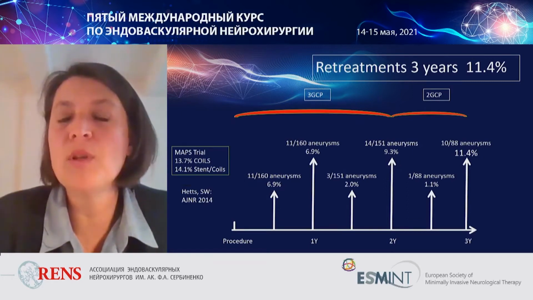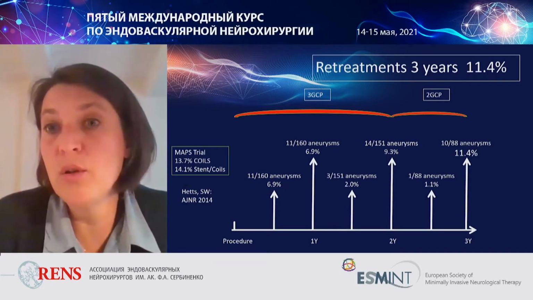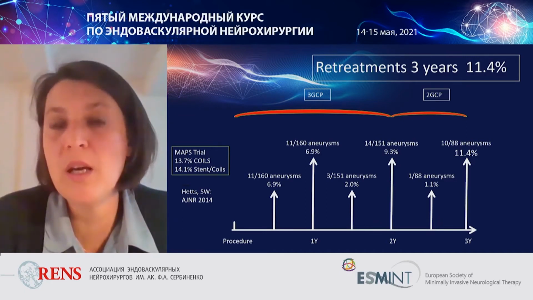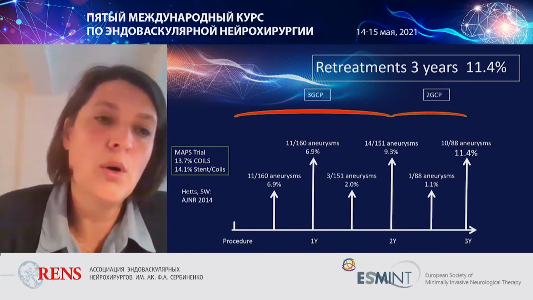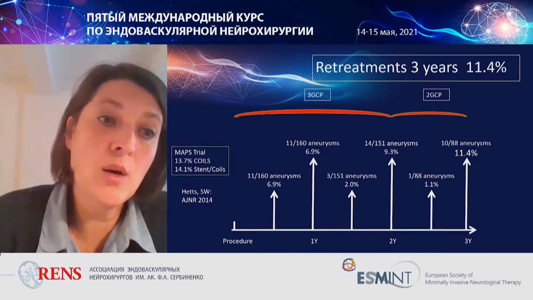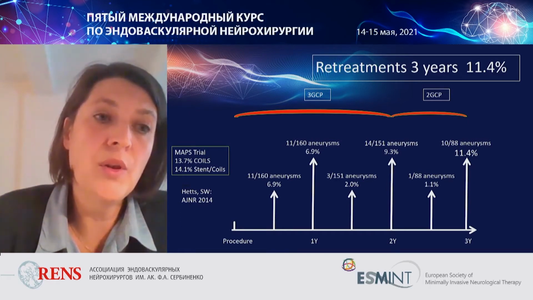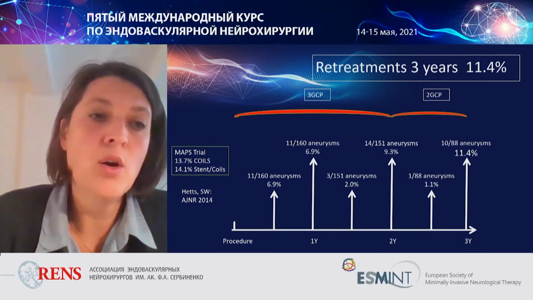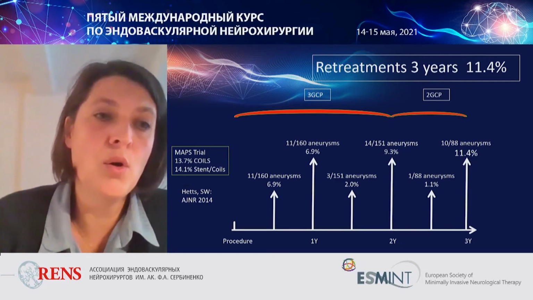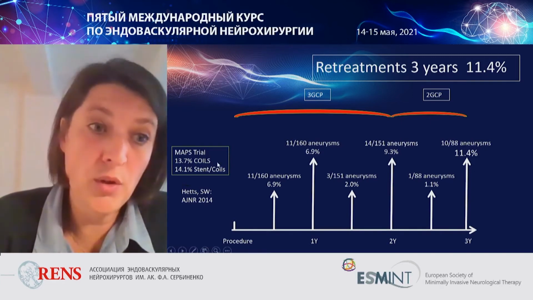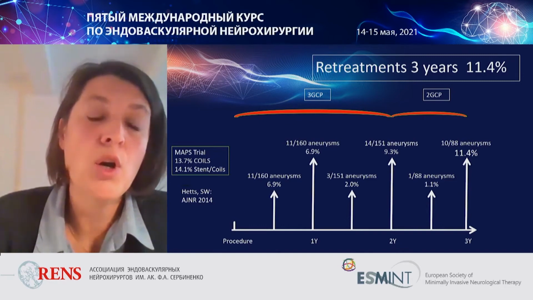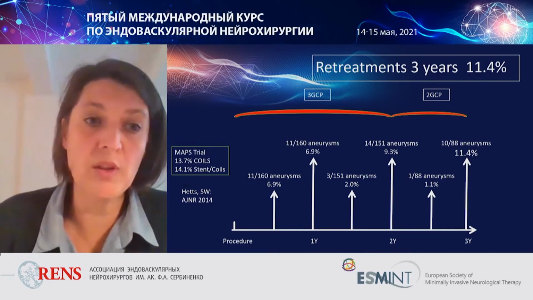In terms of retreatment, it's around 11% at 3 years. It's quite comparable to studies such as MAPS and BRANCH with the subpopulation of wide neck aneurysms, in which MAPS, for example, faced around 13% of retreatment in case of treatment with coils, and 14% of retreatment in case of treatment with stents and coils.